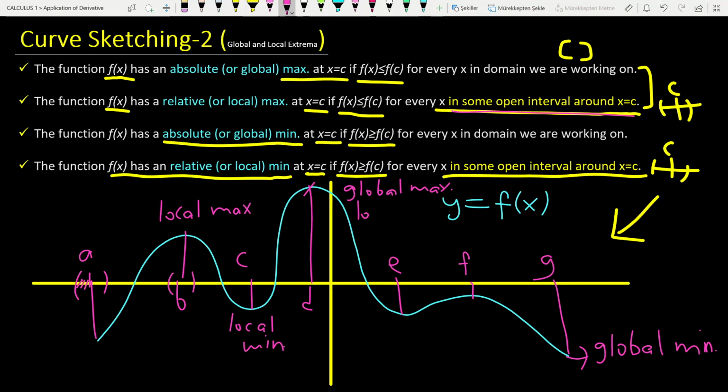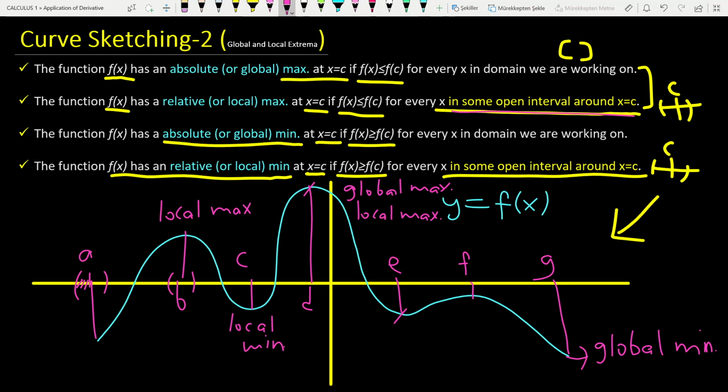The point D is also a local maximum. A global maximum point can also be a local maximum point, no problem. Okay, it's not a must, but it can be. If the global extremum occurs at the endpoints, in this case, it cannot be local.